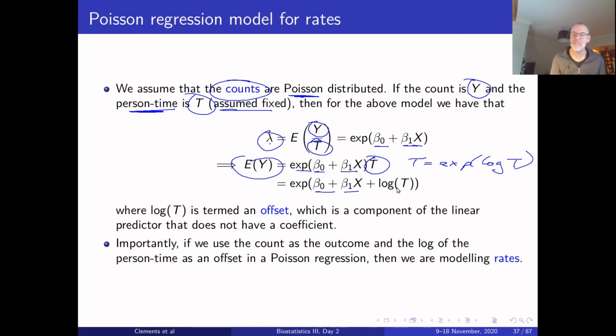Suddenly, if we do this, then these have interpretations as being the log rate for the baseline and the log of the incidence rate ratio. So if we use the log of person time as a value in here, then we move from modeling counts to modeling rates. What's interesting about this is that for this log t, there's no beta here, and it's essentially a constant in the linear predictor, and that's termed an offset.